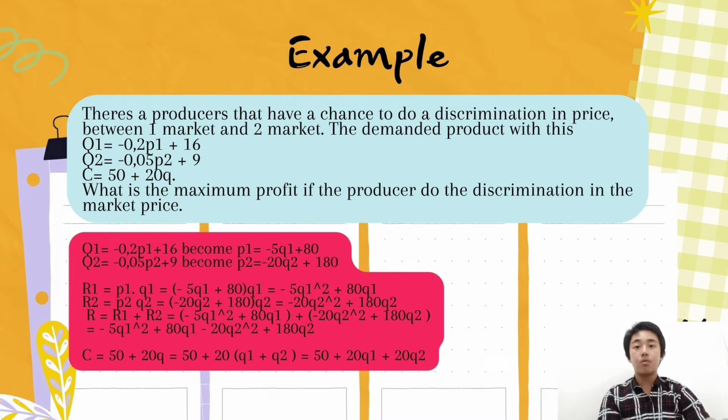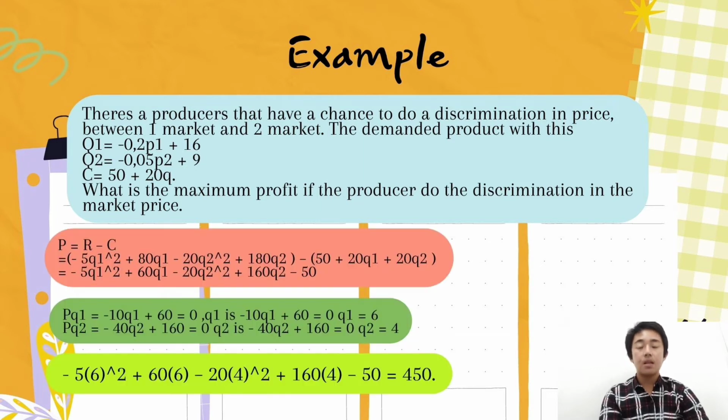So pi equals R minus C, and that is negative 5Q1 squared plus 80Q1 minus 20Q2 squared plus 180Q2, in brackets. We subtract the cost, so that is 50 plus 20Q1 plus 20Q2. So it gives us negative 5Q1 squared plus 60Q1 minus 20Q2 squared plus 160Q2 minus 50.